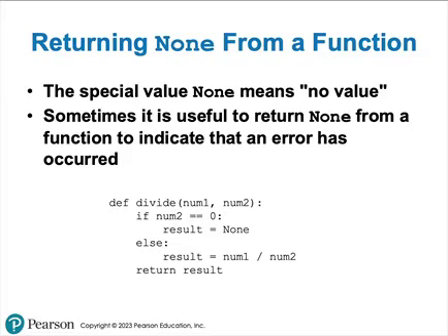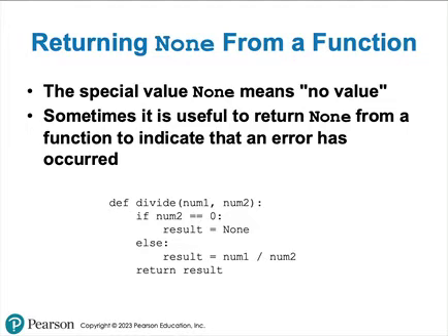So here's an example that shows you calling a function and then returning a result, but it introduces a new special value called None, which means there is no value. So in this case, you're trying to divide num1 by num2, and you should know that division by 0, unless you're using complex numbers, is undefined.